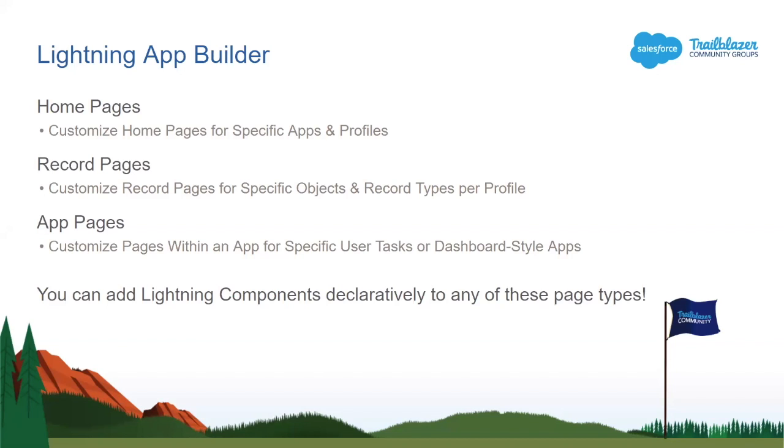Record pages are specific per object. So you pick an object that you want when you choose to create a record page, and then you can assign it to certain record types and profiles to really customize what users see when they go to specific records.